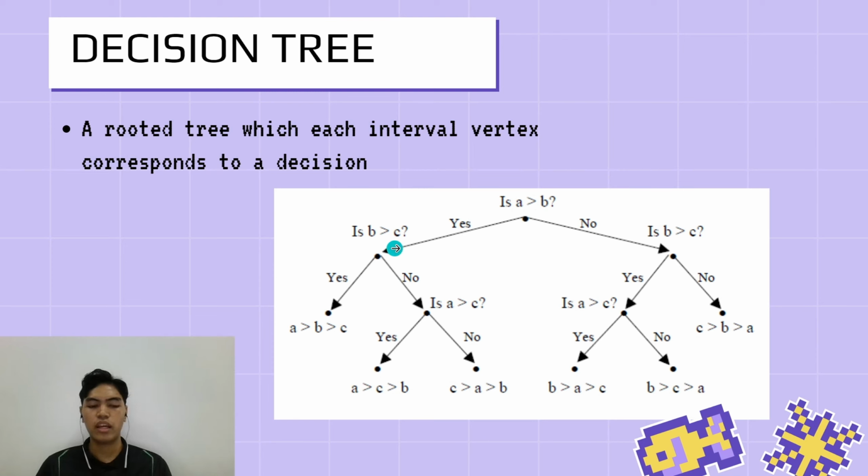When the decision is made, it becomes a new vertex, and that vertex is going to make a new decision between yes or no until we get the decision or conclusion or answer. So that is a decision tree.